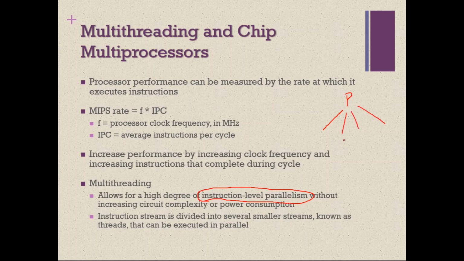These smaller streams are called threads. Like a process may have several threads, thread 1, thread 2, thread 3, and so on and so forth. Okay, it may have several threads.